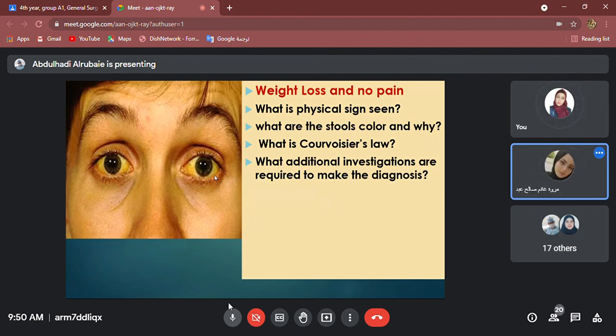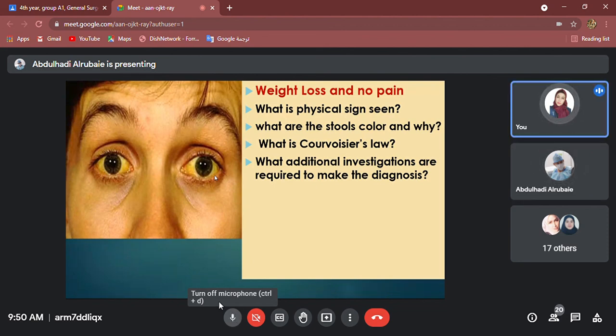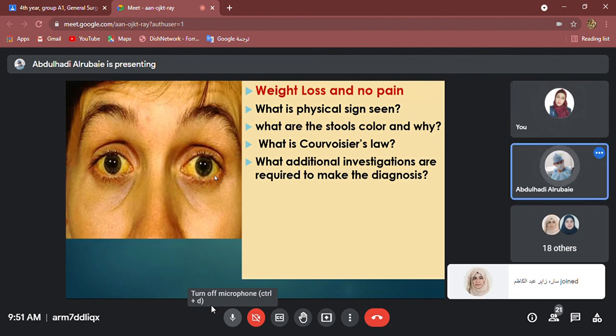Pale color, correct. Did you hear of Courvoisier's law? What is Courvoisier's law? A palpable gallbladder in a patient with jaundice. It indicates presence of malignancy rather than presence of stone.